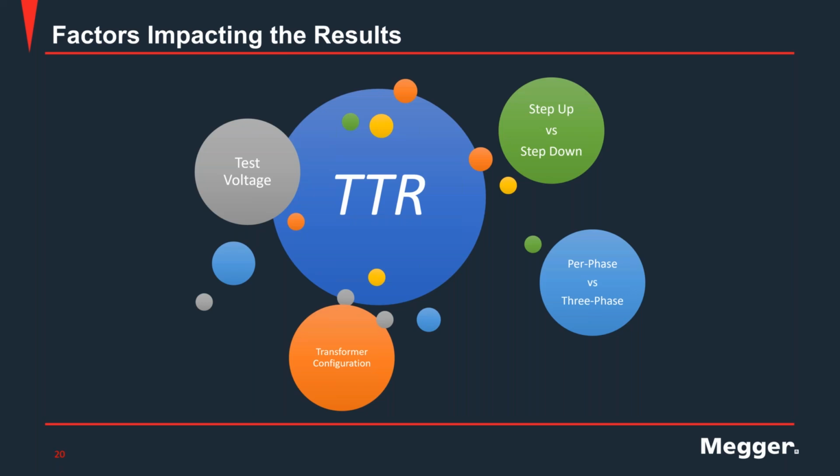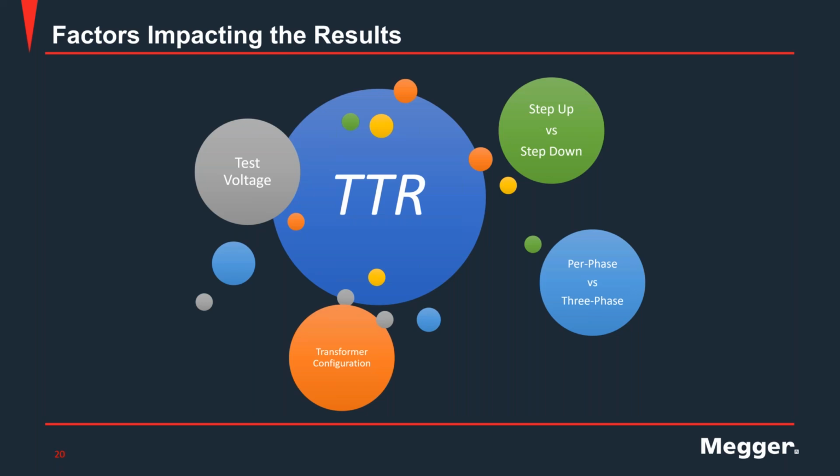So there are four main external factors that will affect the results, other than an issue with my transformer or my instrument. What are the factors that will actually affect my results in the field?